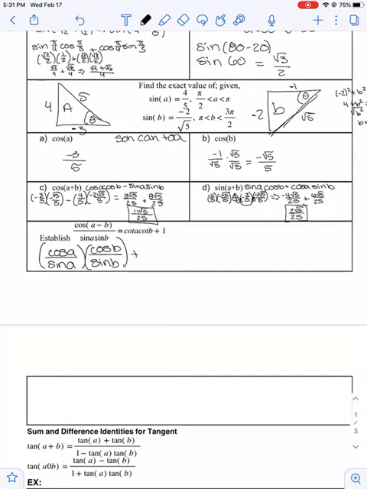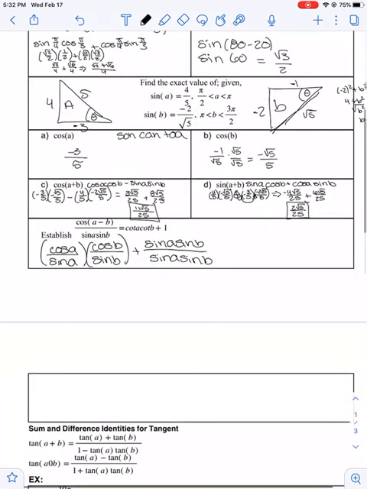I'm looking at the left side, and the denominator is sine A sine B. So I'm going to use that same denominator, sine A sine B, so I can have this on the right side. And remember, anything divided by itself is 1.